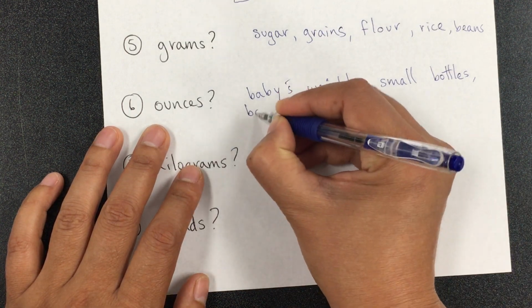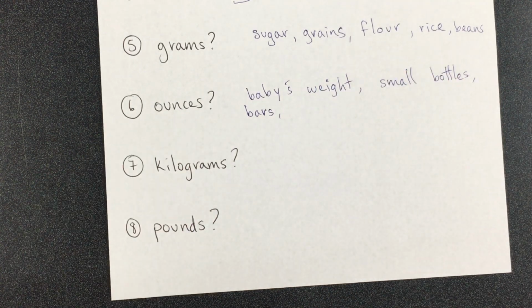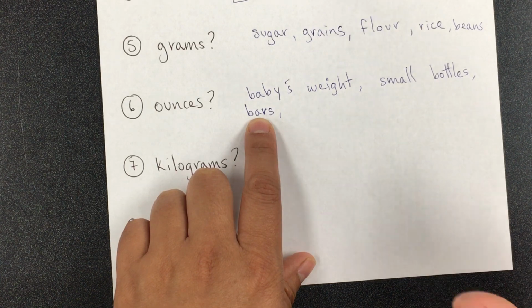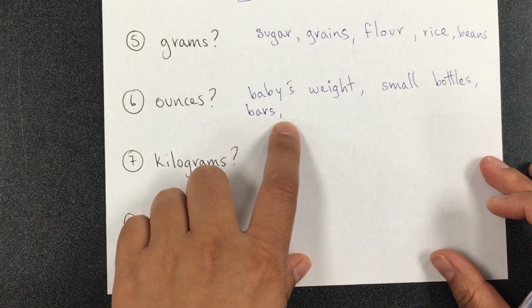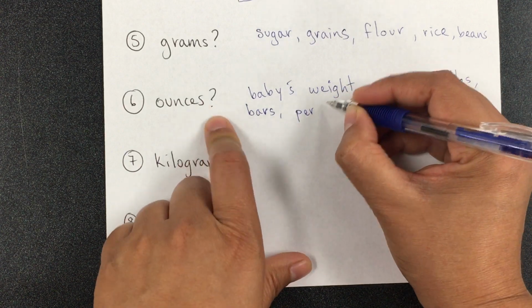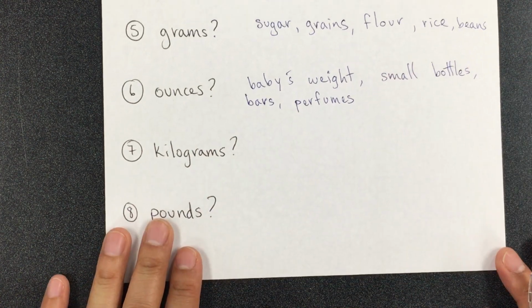Somebody said bars. I don't know if they meant like bars of soap or like the snacks. Perfumes are measured in ounces. Okay.